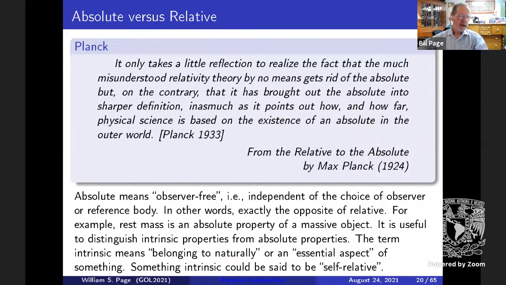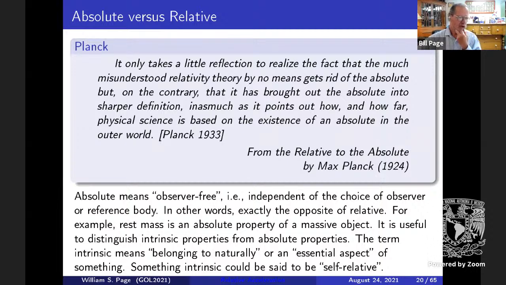And Planck insisted that relativity didn't get rid of the concept of physical absolute properties, but instead it required that we define what we mean by absolute properties more carefully, so that we could actually express relativity in terms of these absolutes. And in the later years, Planck wrote a number of sort of philosophical papers on this subject.